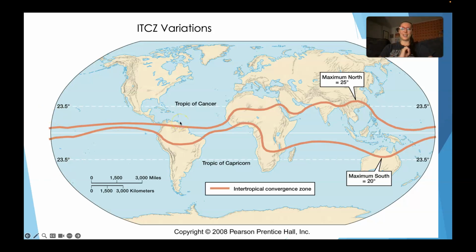Land is constantly getting in the way of atmospheric and oceanic circulation. This particular example is no deviation from that rule. So say if we were to be in the 90s film Waterworld, we would not see this variation over on the eastern side here. It would, for all intents and purposes, be a complete straight line.